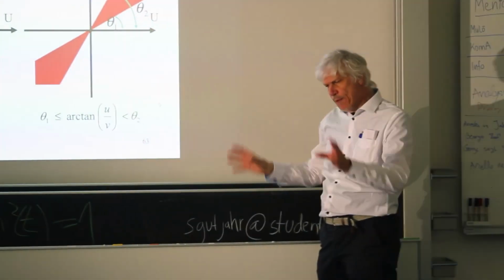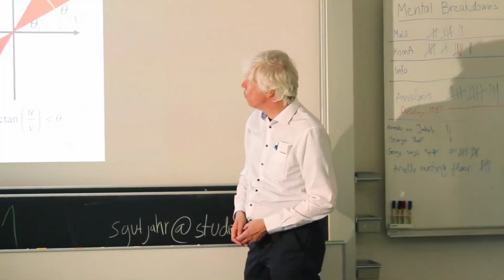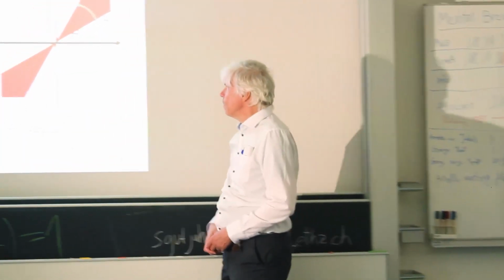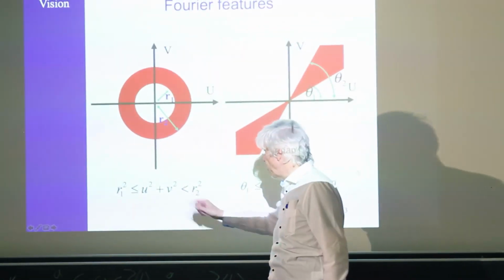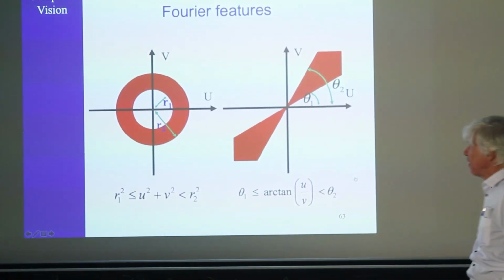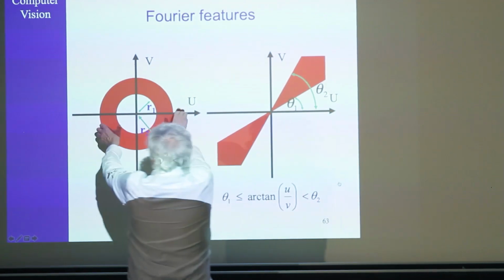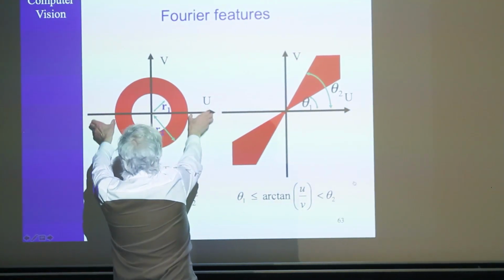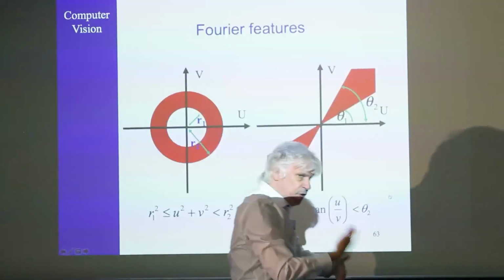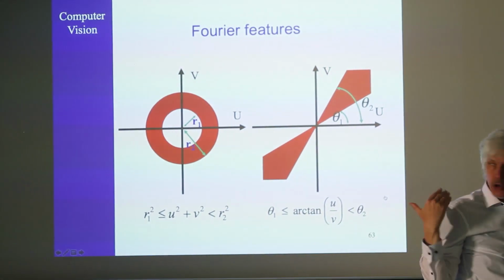So we integrate the power spectrum within the red ring that we have here. That has an inner and an outer radius. That's one type of feature. We can do that for different rings. We can take this ring, a smaller one or a bigger one around that, and for each of these rings we can define such a sum.